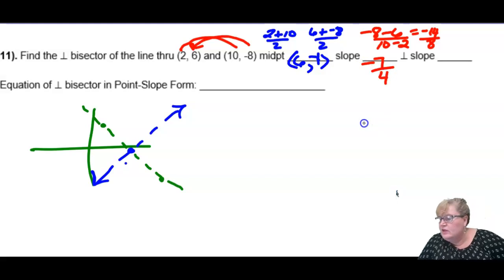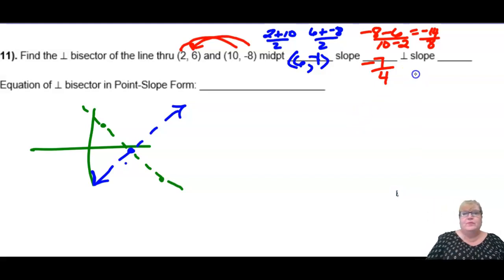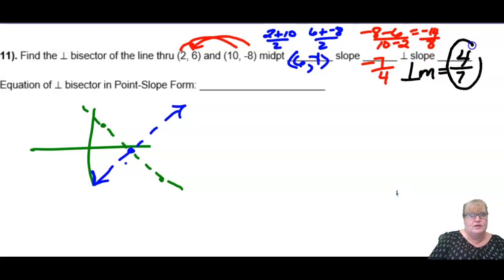Is that what I have in my notes? Yes, it is. All right. So the perpendicular slope now, remember, means that we have to flip it over and change the sign. So we get 4/7.